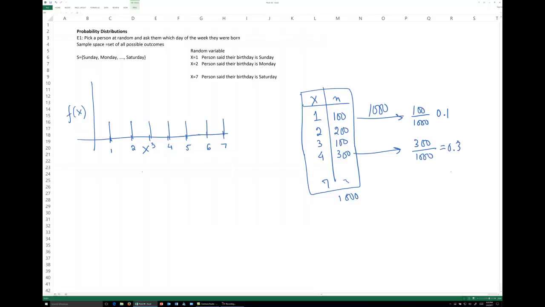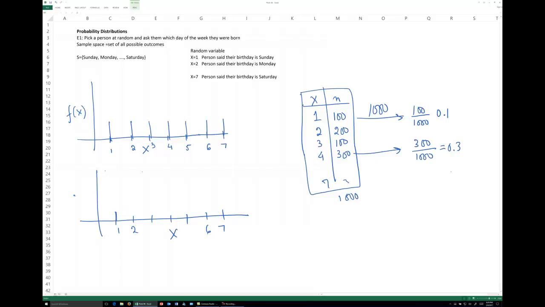Now, if I compute these numbers and draw the graph again, I have x as my random variable. This is shorthand for the outcomes for this experiment, and the outcomes are 1, 2, 3, 4, 5, 6, 7. Now you find that all the spikes are not of the same height.